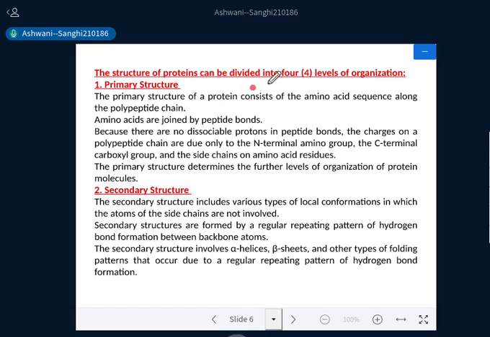Then, classification of proteins on the basis of structural complexity.